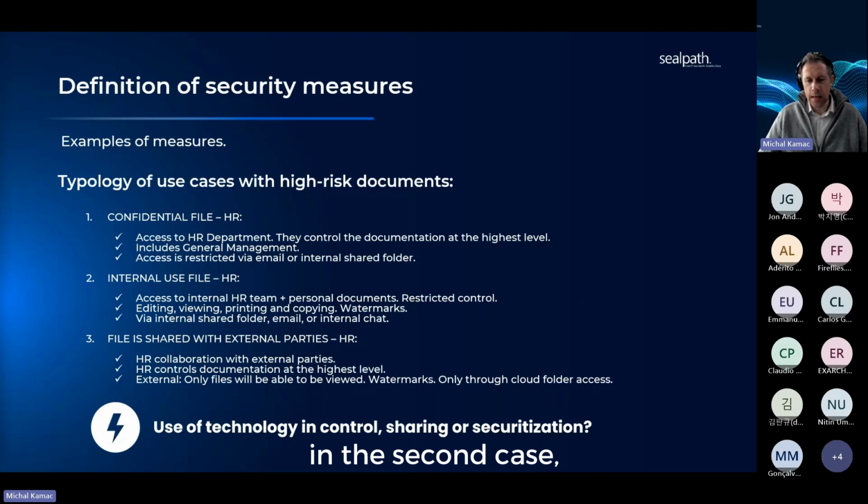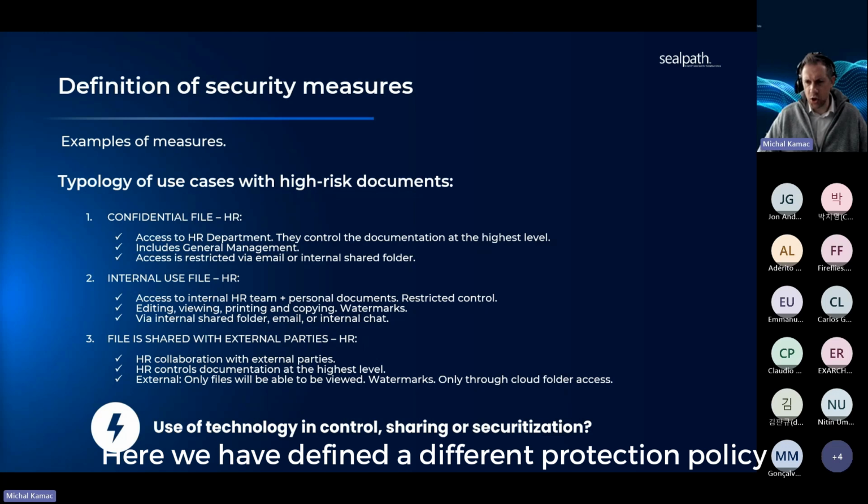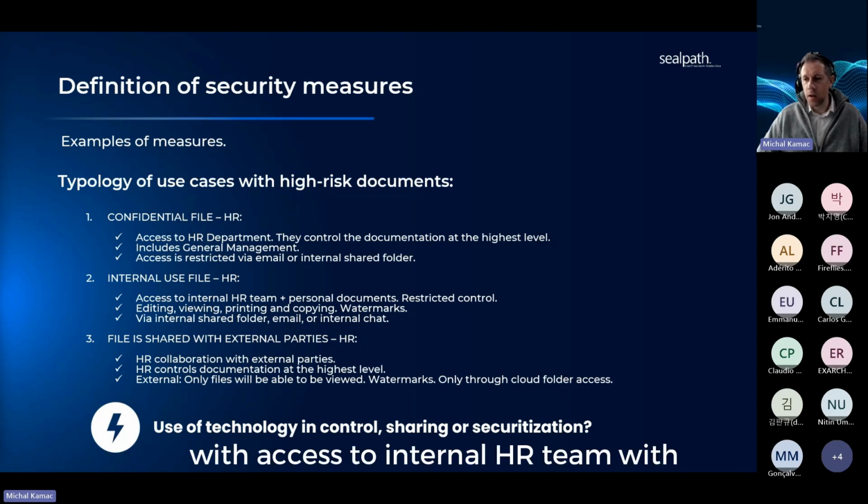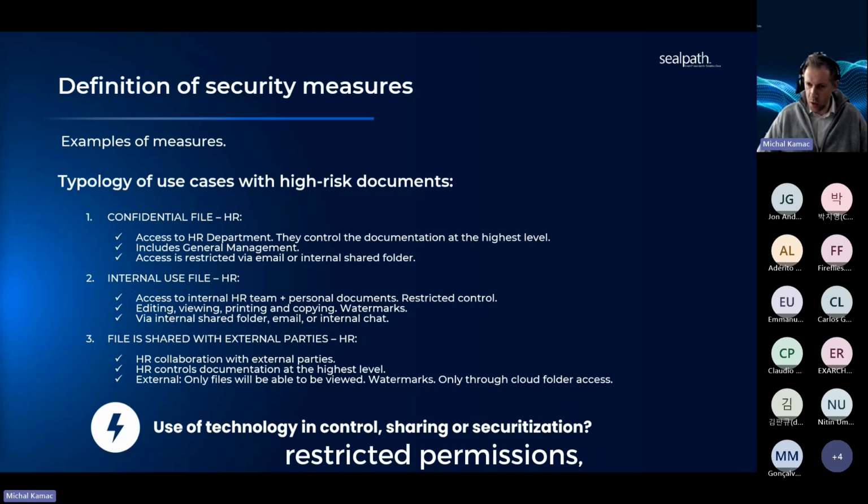In the second case, the internal use files, here we have defined a different protection policy with access to the internal HR team with restricted permissions: view, edit, print, copy, and paste, and also a watermark option.